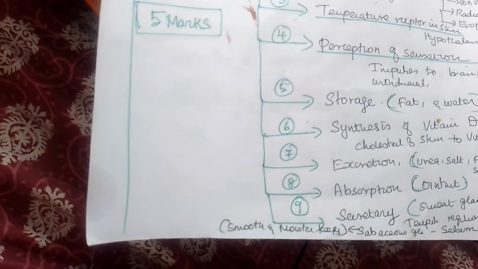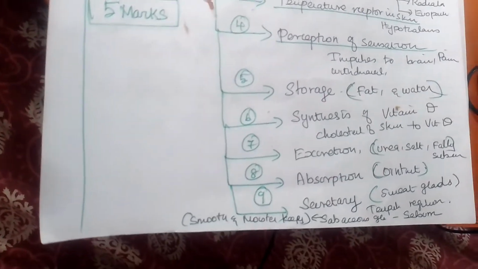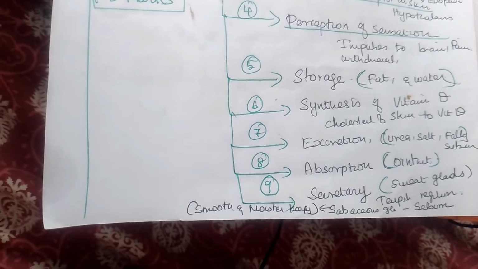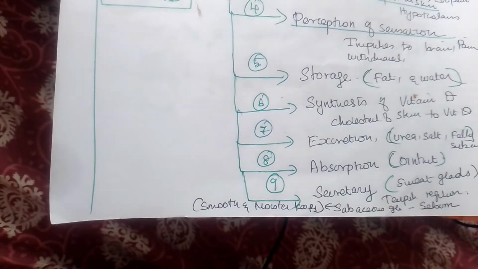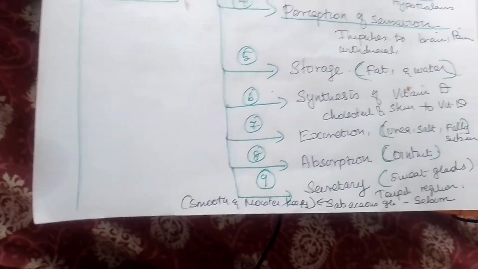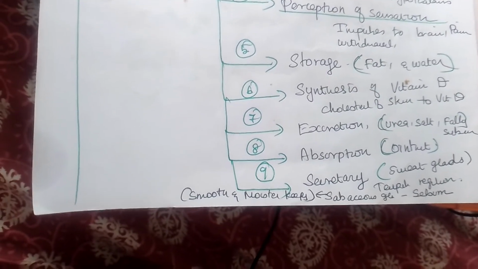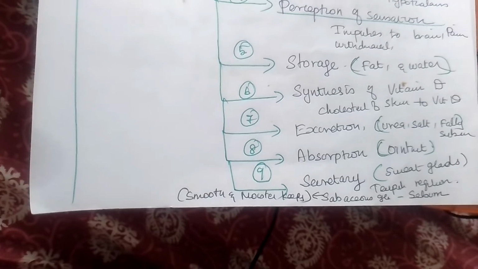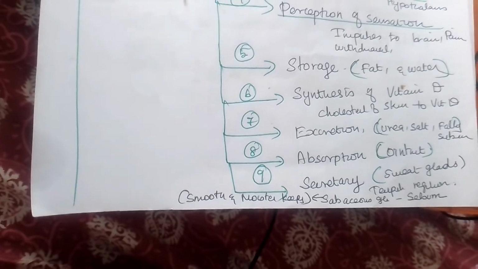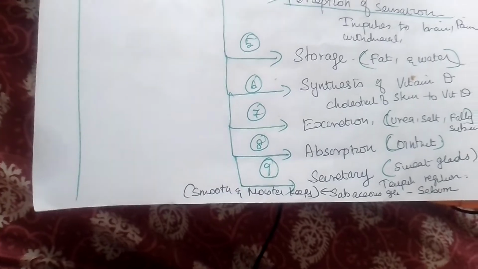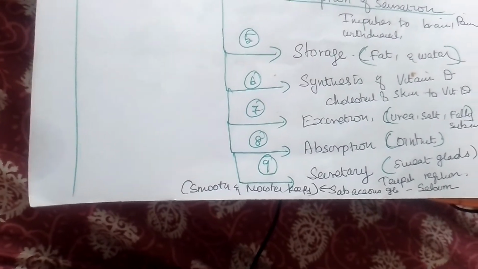And storage: the skin stores fat and water. Another important function is synthesis of vitamin D from the cholesterol of the skin, so the skin plays an important role in vitamin D synthesis.